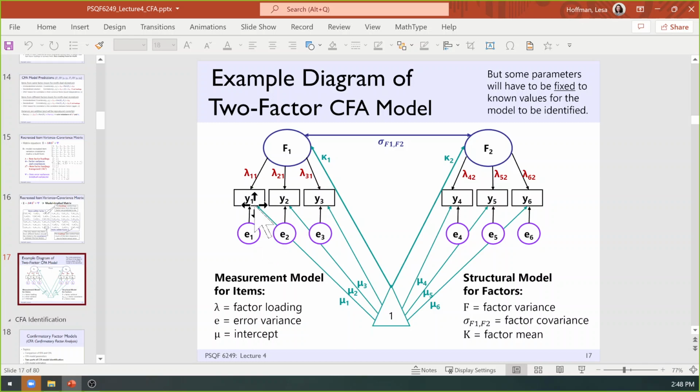Likewise, if y1 was more related to y4, 5, and 6 than what the model predicted, one way to fix that would be to let y1 load on f2. And then that would be an extra relationship that is being captured by the model through what's known as a cross-loading, when something loads on something you didn't originally intend, in addition to the one that you did intend.